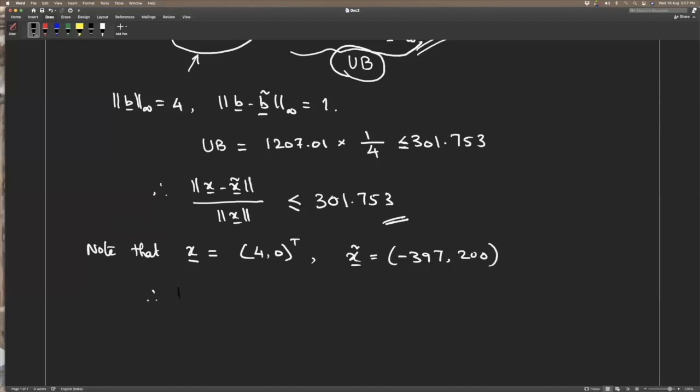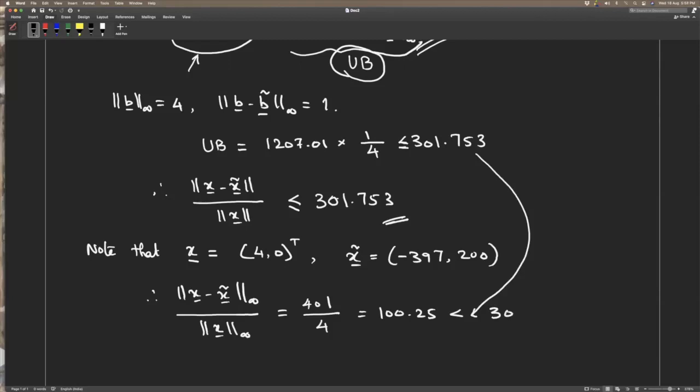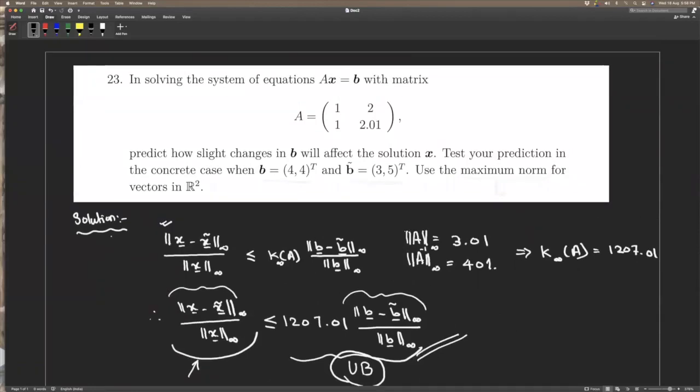Therefore, norm x minus x tilde in the infinity norm divided by norm x, again infinity norm, is equal to 401 divided by 4, and that is approximately 100.25, maybe exactly, and that is obviously less than 301, which is our predicted number. So our analysis is actually correct.